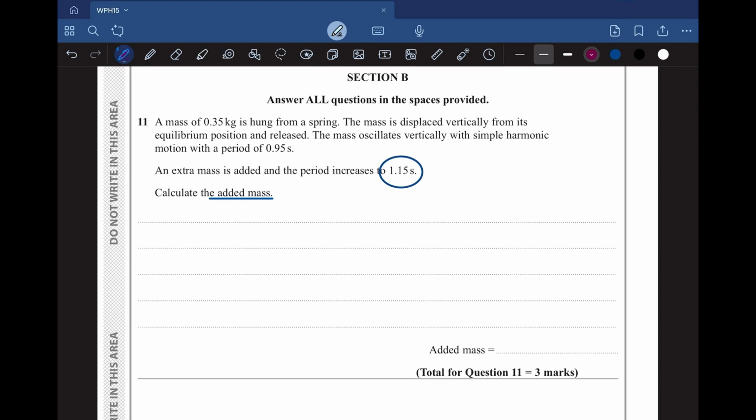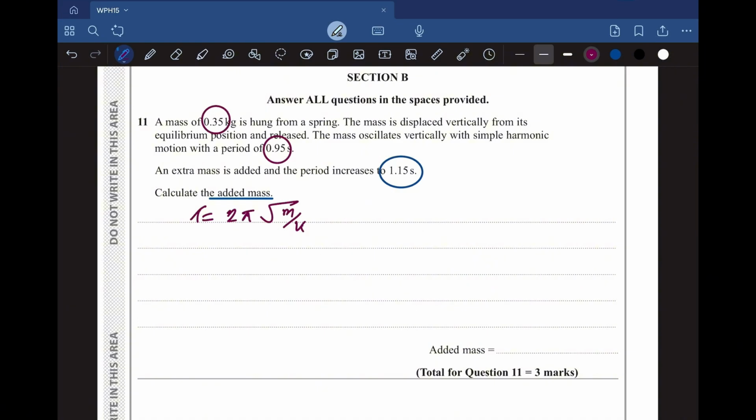To figure out the added mass, one thing we can do is use the formula of the time period: T is equal to 2 pi root over m by k. We know this time period and we know this mass. This is the time period for the 0.35 kg mass.